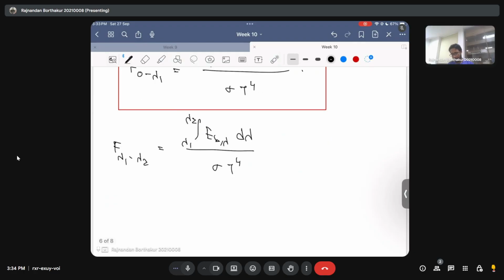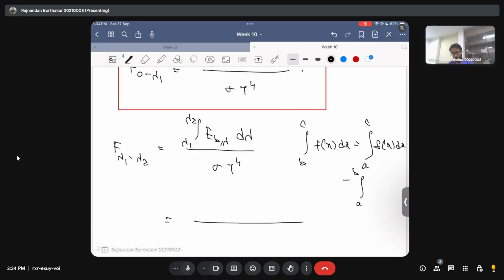And then this integral, by using the fact that, let's say, the integral from b to c of some function f of x dx can be written as the integral from a to c of f of x dx minus the integral from a to b of f of x dx, where a is less than b is less than c.